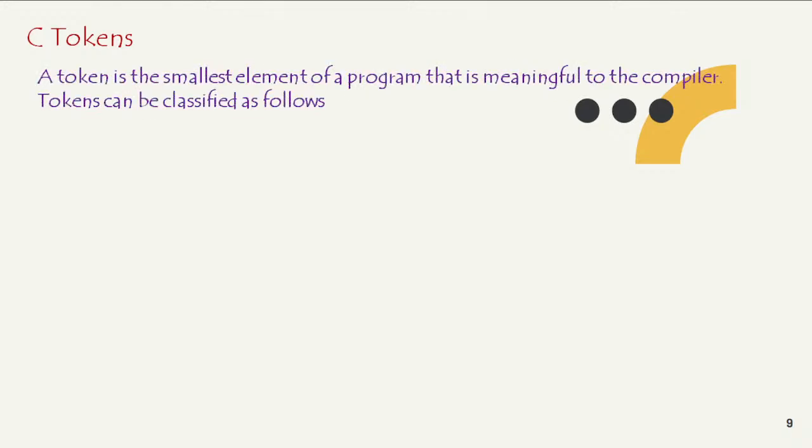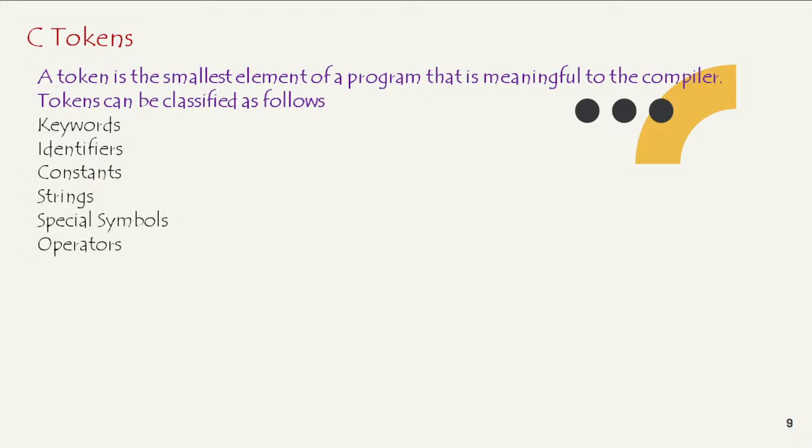So a token is the smallest element of C programming that is meaningful to the compiler, and tokens can be classified into keywords, identifiers, constants, strings, special symbols, and operators. These are the different types of tokens available in C programming language.